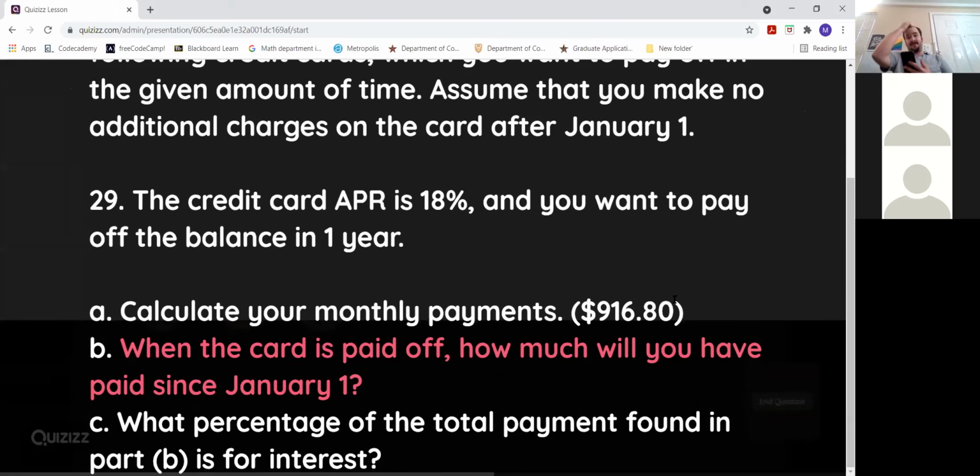How much would we pay total? So if we're paying that much, I swear the book is wrong, not on this one, but the next one. But maybe I'm wrong. So I'm paying 917, and I'm going to pay that off within a year.